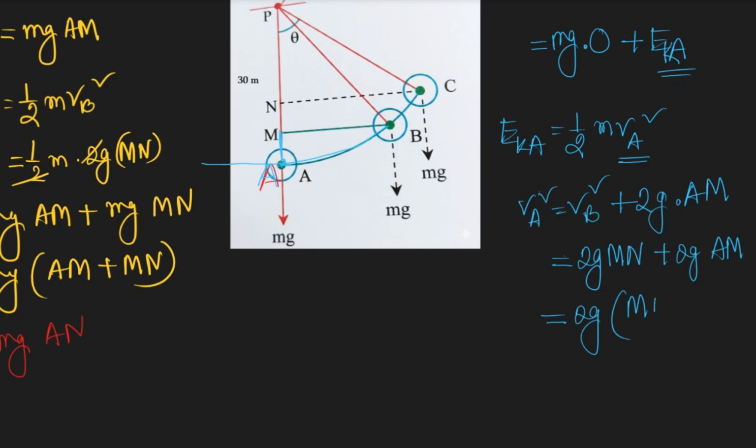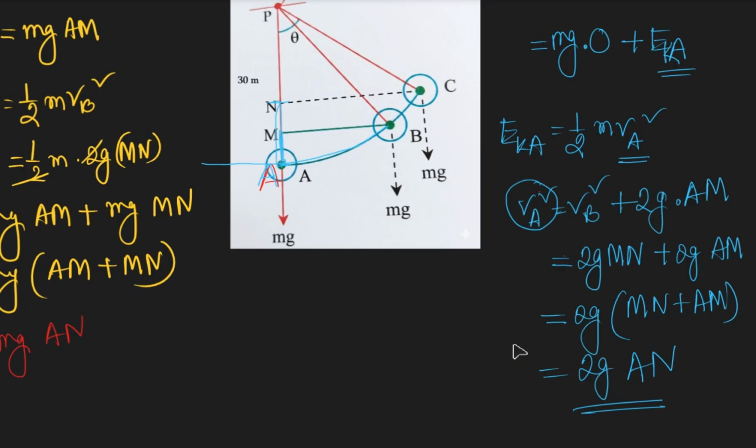So MN plus AM, so AM plus MN. So altogether this is AN, pardon. So 2g AN is the velocity square, vA square.